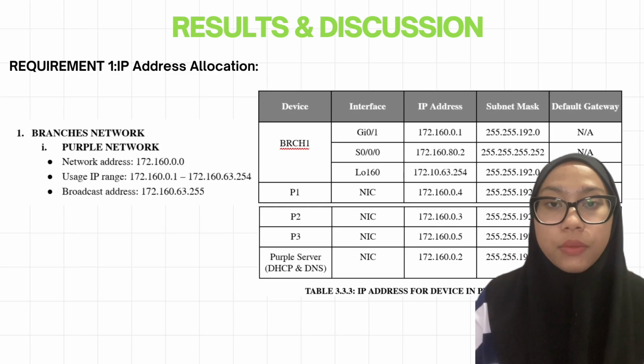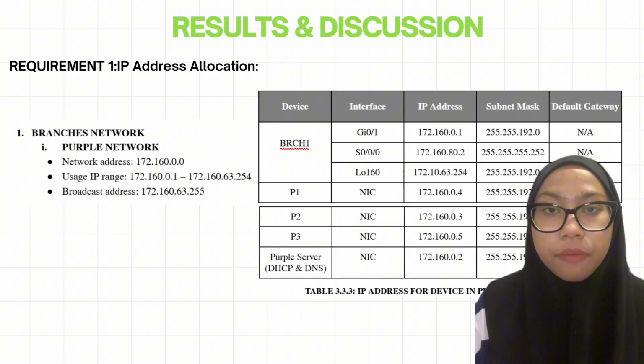So next, we move to the branch network, which has purple network and green network. For purple network, the network address is 172.16.0.0 and usable host range is 172.16.0.1 until 172.16.63.254, and the broadcast address is 172.16.63.255.